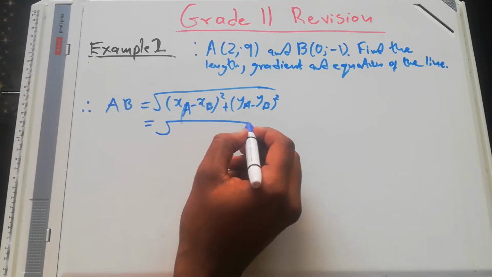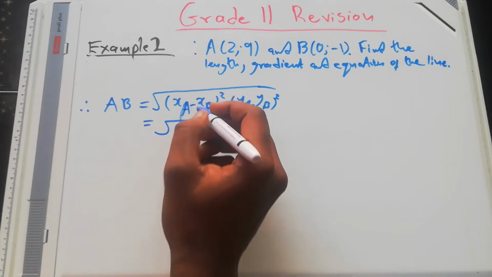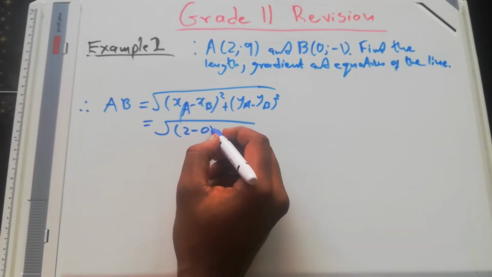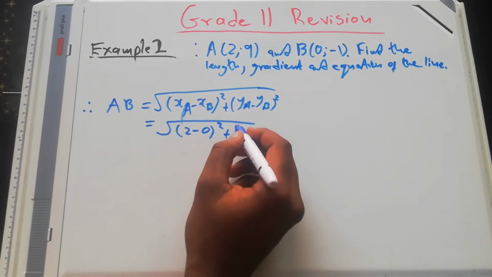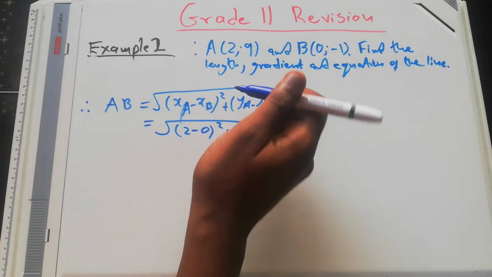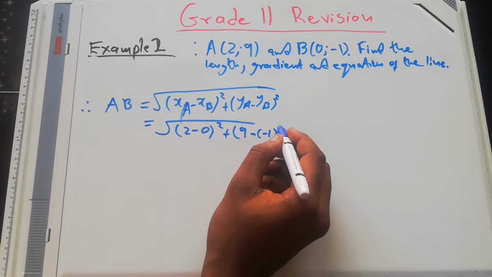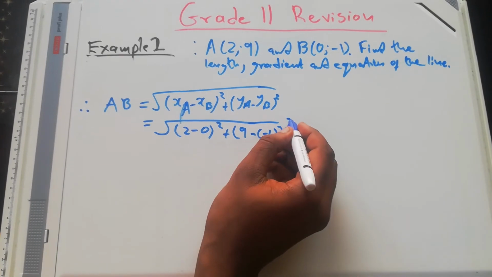Let's plug in our values. For our x at A we have 2, our x at B we have 0, squared, plus our y at A is 9 minus our y at B is minus 1, everything squared.